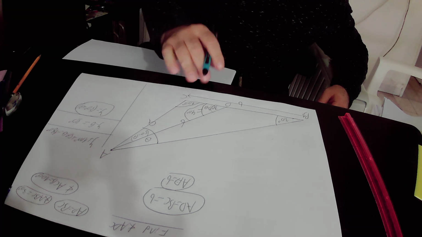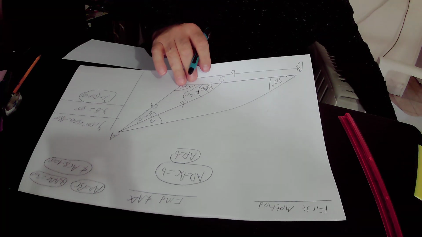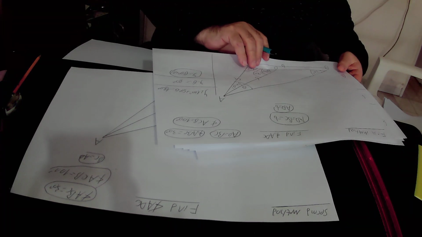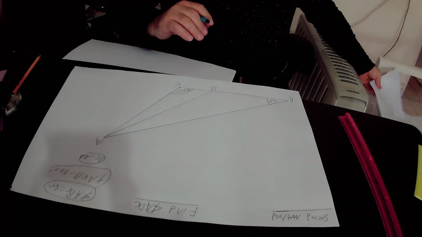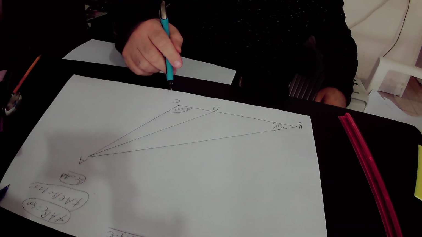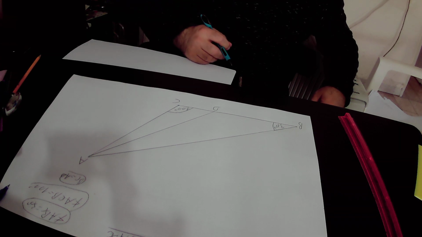So we finished with the first method. In the next step, I will present to you how to find the value of this angle ADC according to the second method.